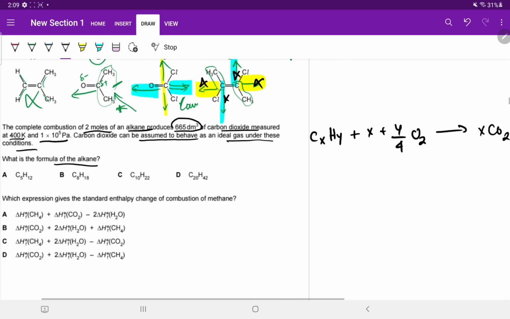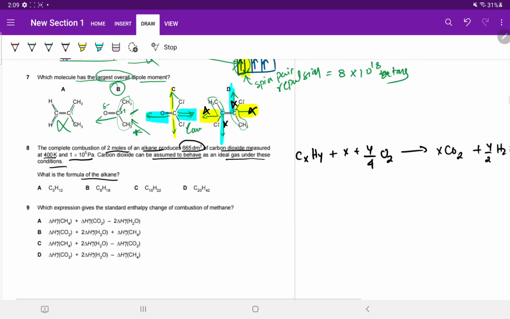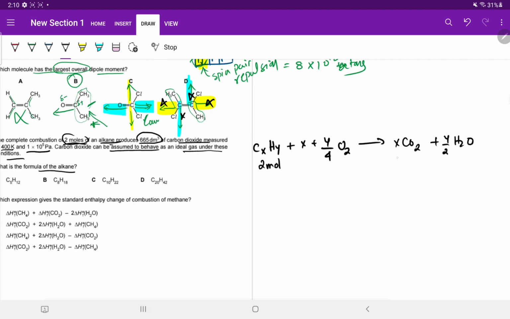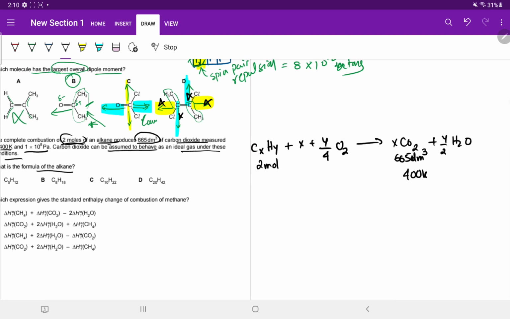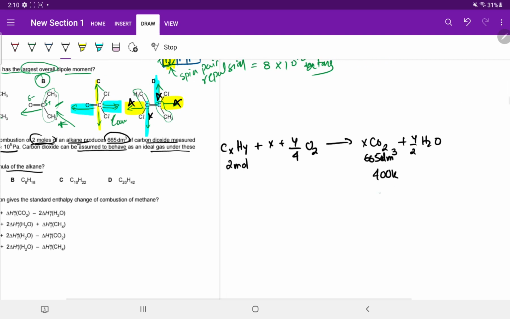Okay, so over here in the question it says that complete combustion of 2 moles of an alkane. So the alkane shall be 2 mole over here, will produce 665 dm cube of carbon dioxide. So 665 dm cube measured at 400 Kelvin temperature and 1 times 10 to the power 5 Pascal.